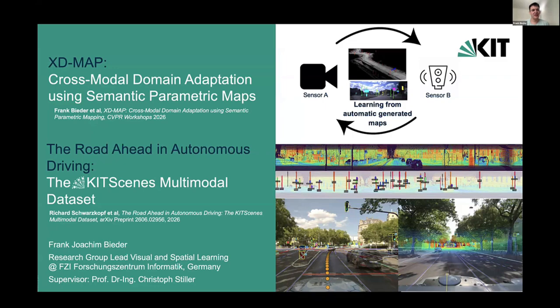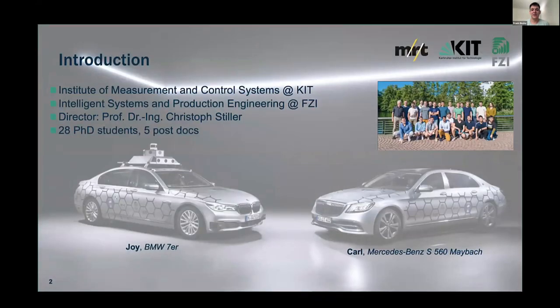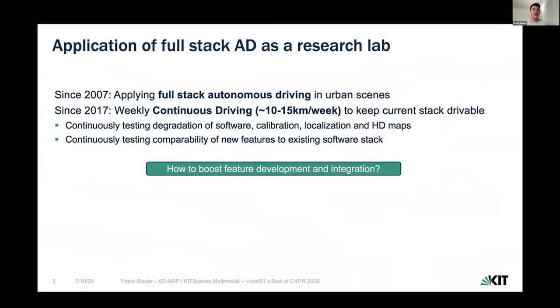So let's dive into it. As I said, my lab is doing all kinds of research around autonomous driving. A lot of things are connected especially to vision, but also we have been trying for 20 years to apply our software on our two autonomous driving cars.